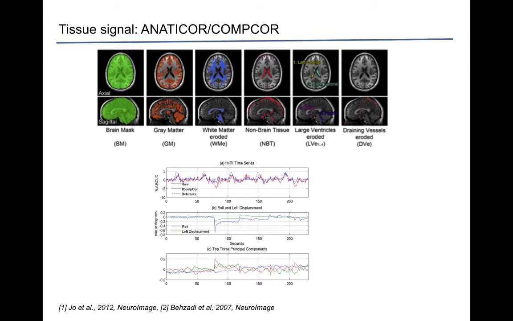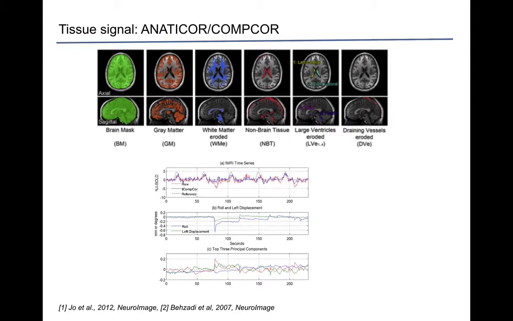So therefore, we can use the other tissues like white matter, large vessels, and large ventricles signal, and assume that these time series have information about other types of artifacts in the data.